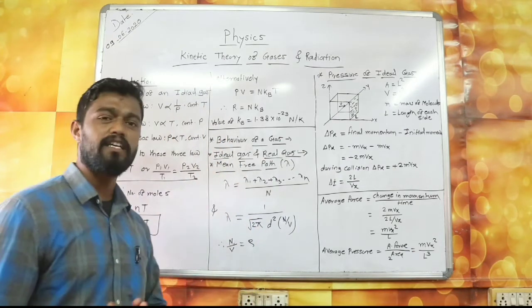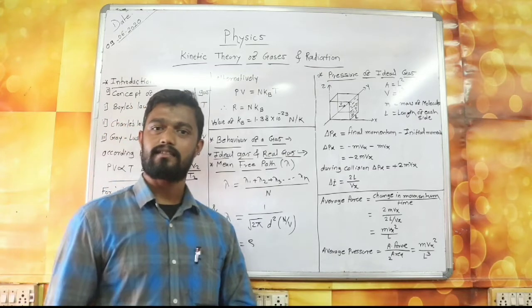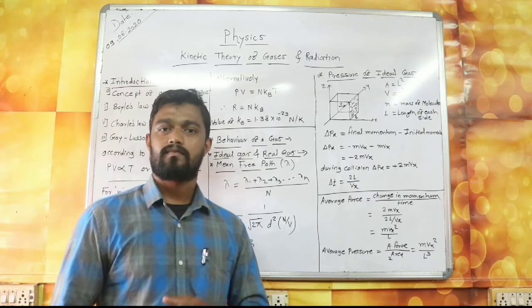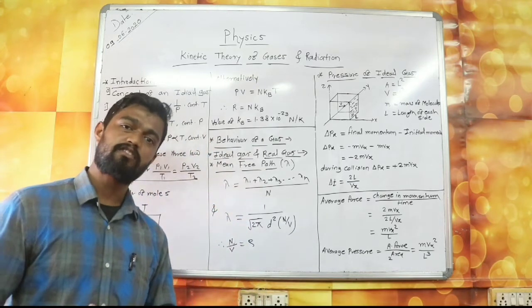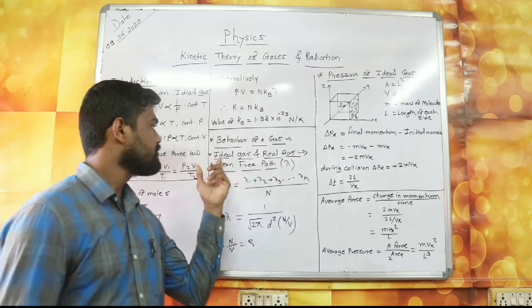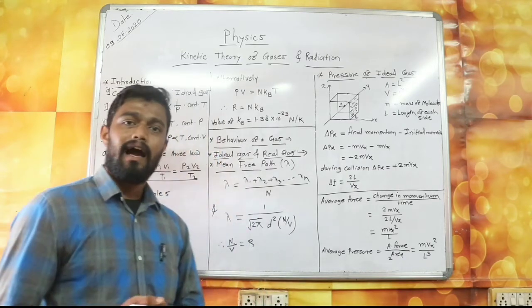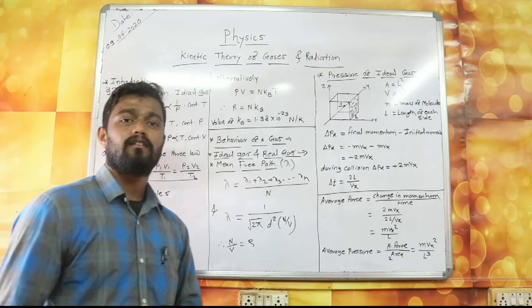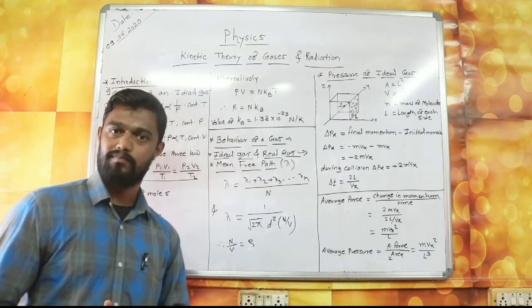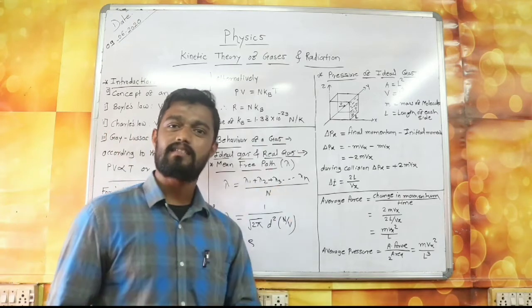The third point is ideal gas and real gas. In the exam, the question is to distinguish between ideal gas and real gas. Today we will discuss the first point. An ideal gas does not have a definite volume. A real gas has a definite volume.